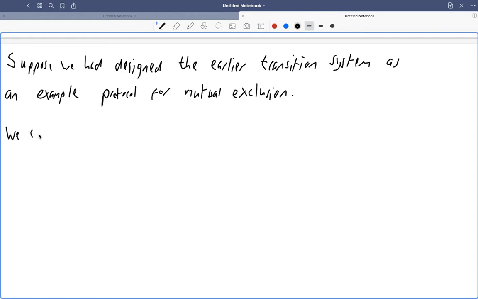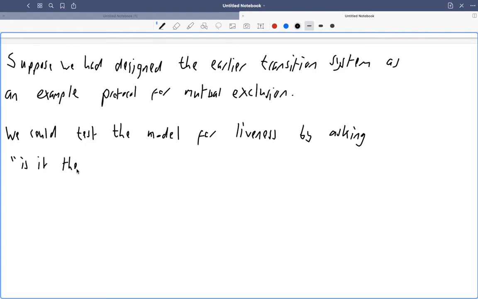So we could test the model for liveness by asking: is it the case that every run starting from S0 satisfies the formula that expresses liveness?